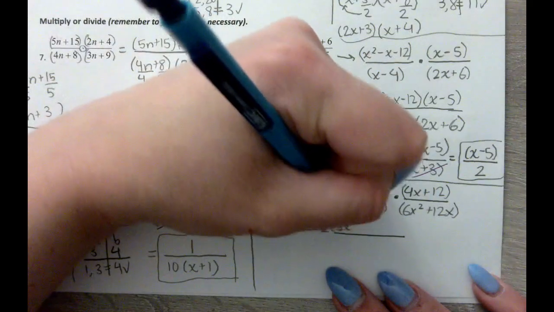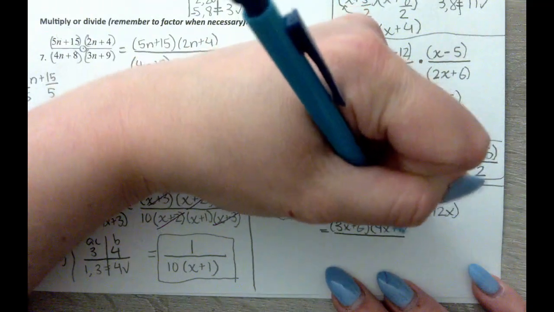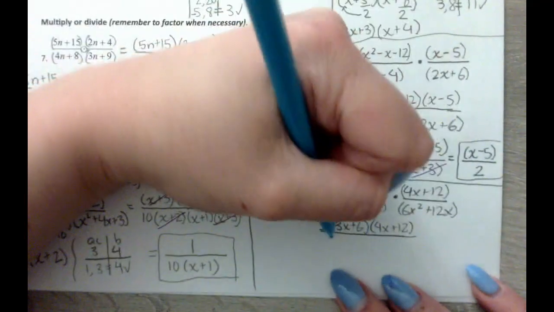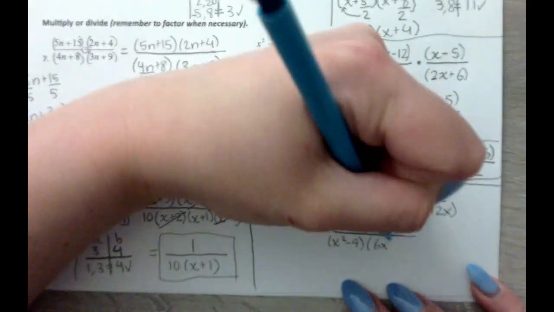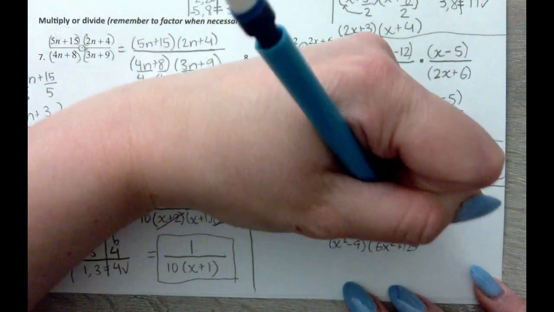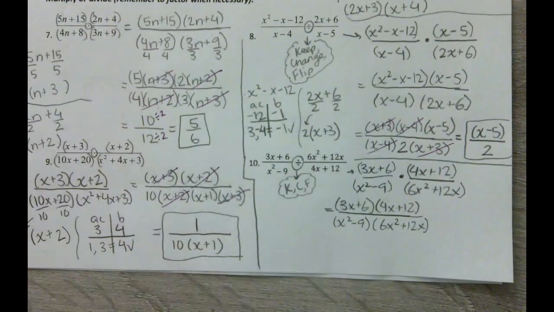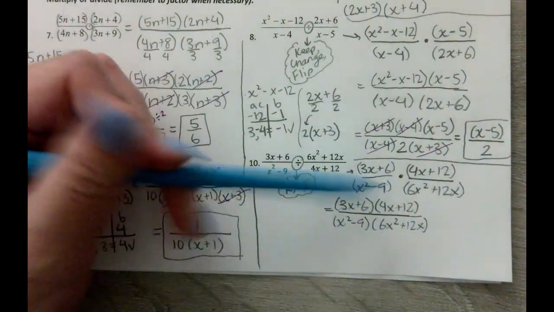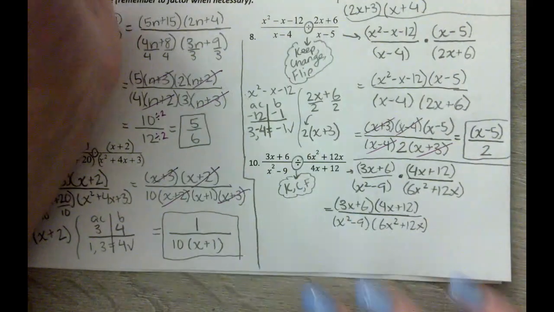We have 3x plus 6, 4x plus 12, over x squared minus 9 times 6x squared plus 12x. Alright, one term at a time. 3x plus 6.